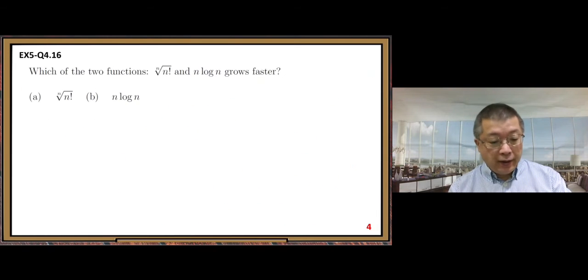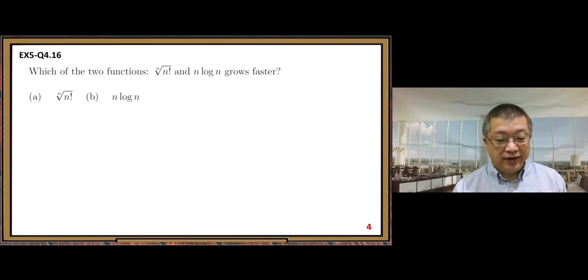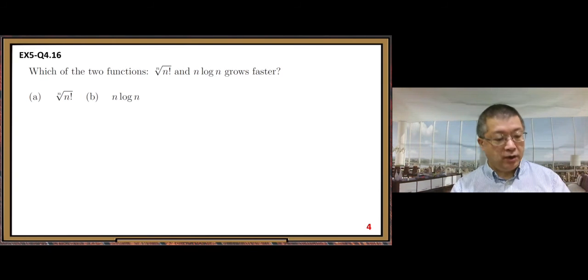Then the last question of part 2, with n factorial. This one looks pretty complicated, because there is n factorial. Remember, I told you before, when you see n factorial, you should bring up Stirling's formula.